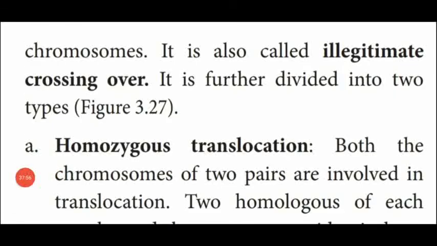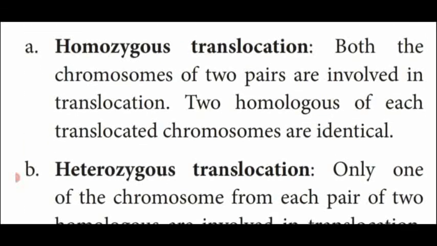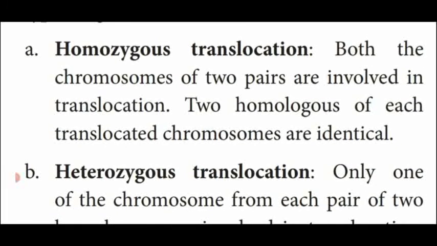Dear students, see that one. The reciprocal translocation is otherwise known as illegitimate crossing over. It is further divided into two types. One is homozygous translocation. That means both the chromosomes of two pairs are involved in the translocation. Normally, the chromosomes are arranged in pairs known as homologous chromosomes.